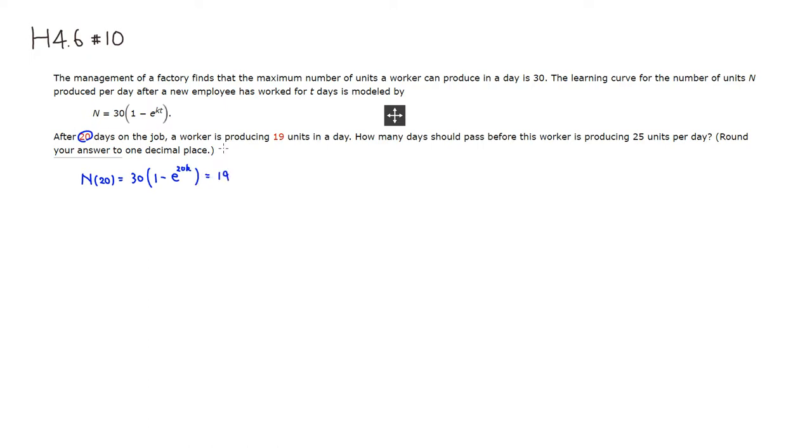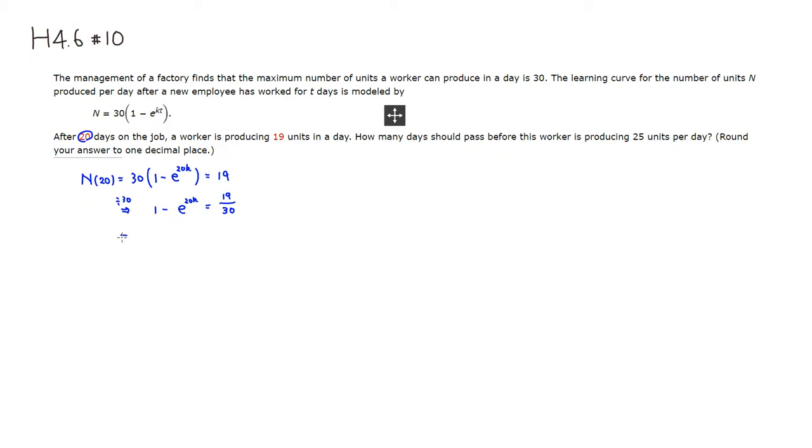Let's solve this equation for e to the k. First, I would divide through by 30 so that the 30 is gone. So it's 1 minus e to the 20k is equal to 19 over 30.